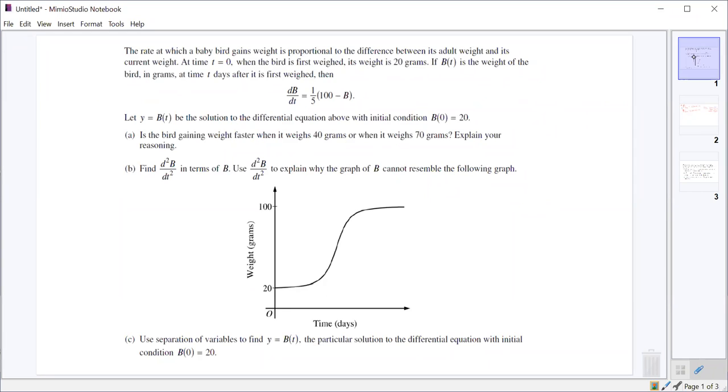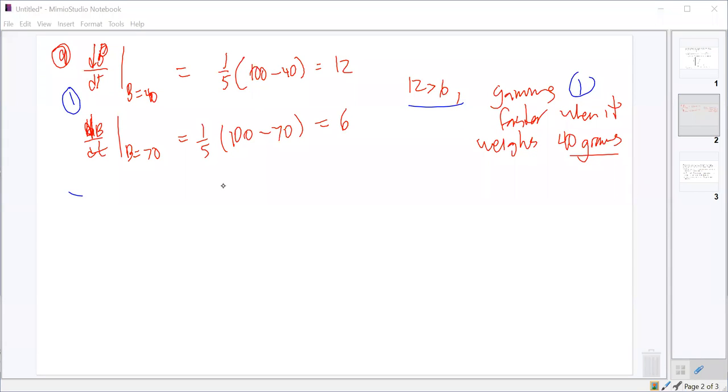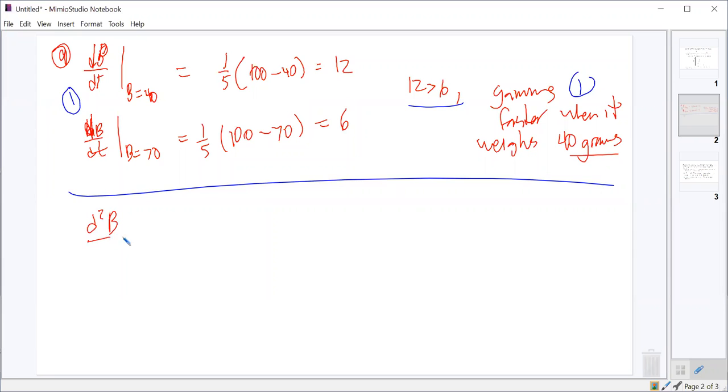Part B says, find the second derivative of B with respect to t, and explain why this graph can't be the graph of B. So first off, let's find the second derivative. The second derivative of B with respect to t ought to be the derivative of dB/dt. Well, the derivative of dB/dt is the derivative of 1/5 of 100 minus B. So the 1/5, which is a constant, will just stay.